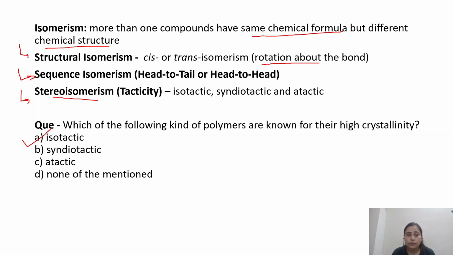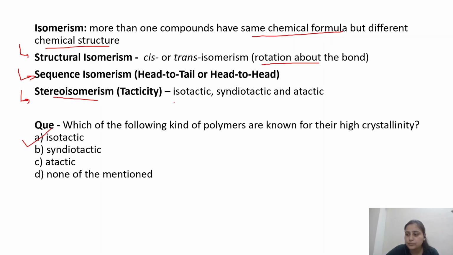In syndiotactic polymers, the pendant groups are in alternating positions, and in atactic polymers the pendant groups are randomly arranged on the sides of the hydrocarbon chain. Because they are not properly arranged, their crystallinity and melting point will be lower.